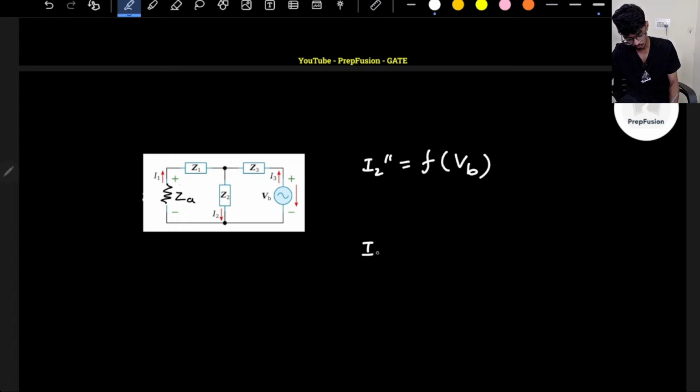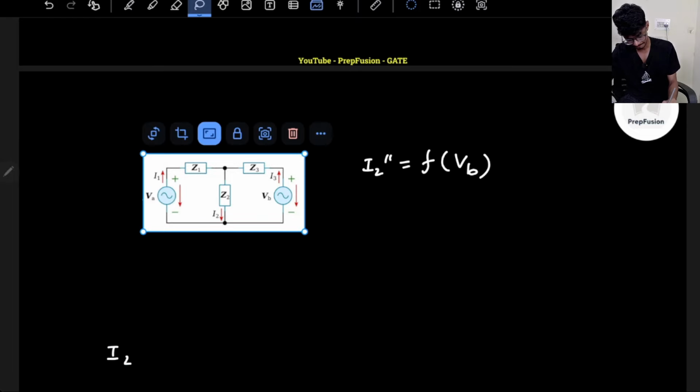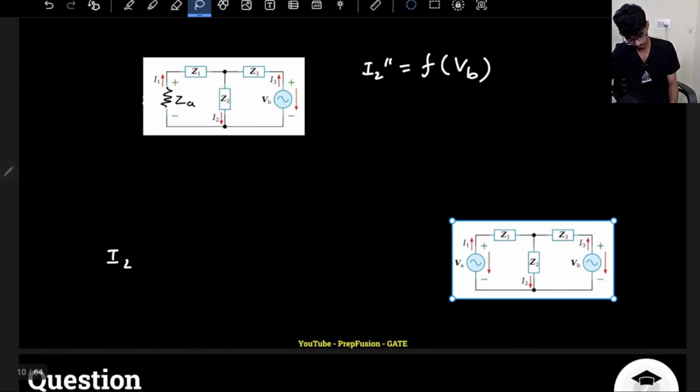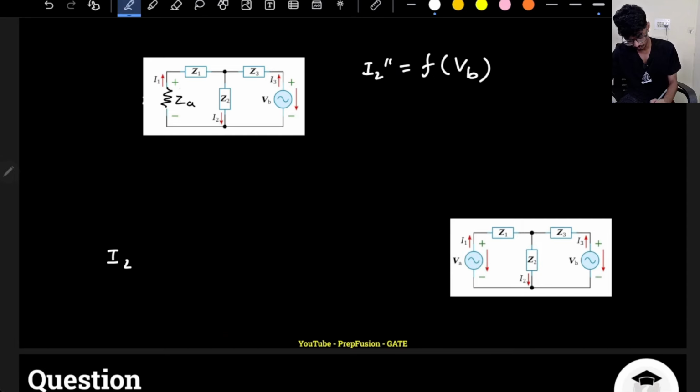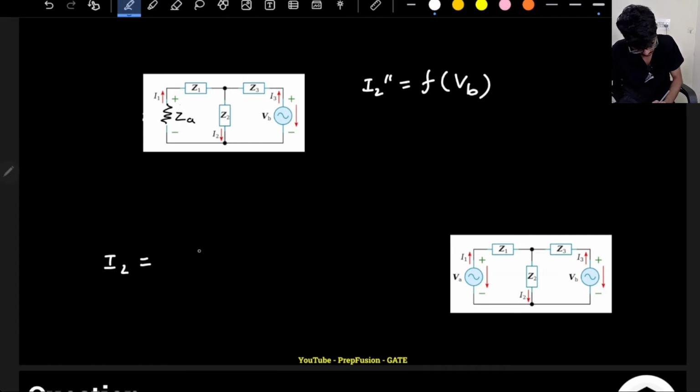What I can say is my overall current I2 due to both the sources, if both the sources are active, will be I2 dash plus I2 double dash. This will be the overall current.